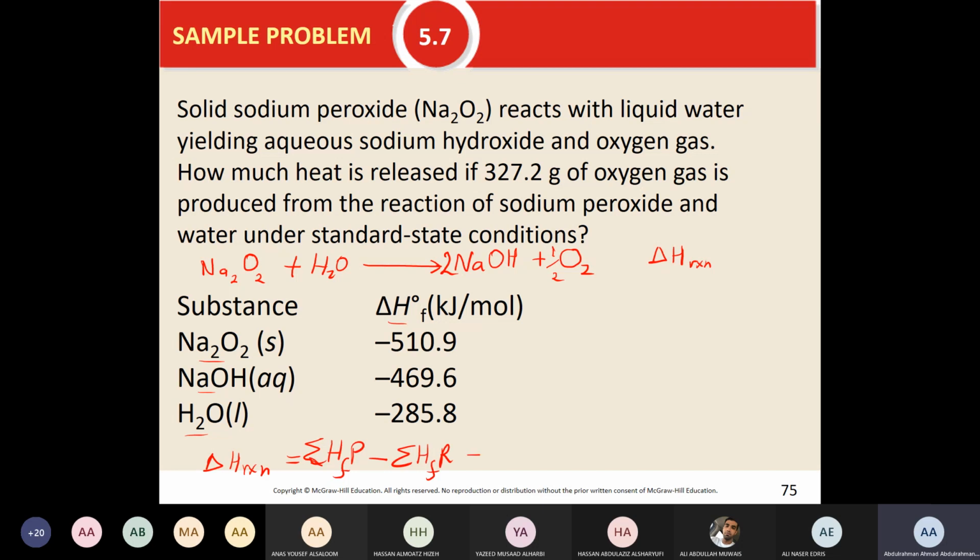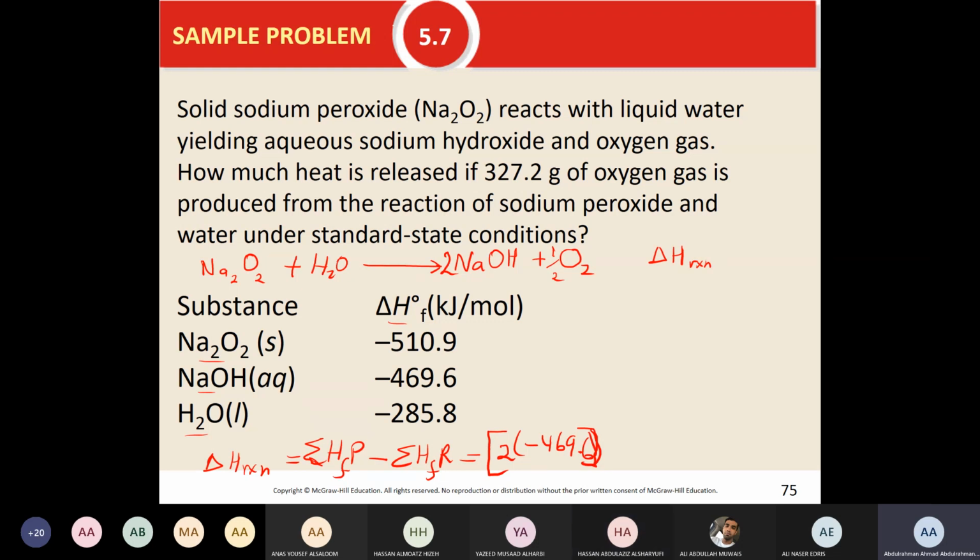Good. Let's have numbers. So the first one, NaOH, multiply the heat by 2 times minus 469.6. Close the parenthesis.